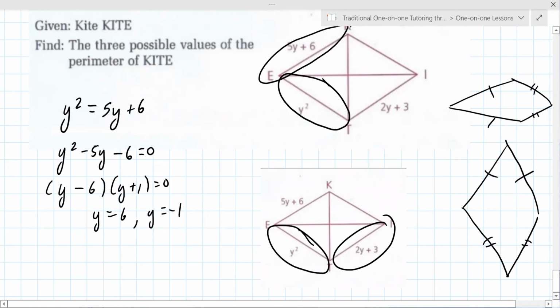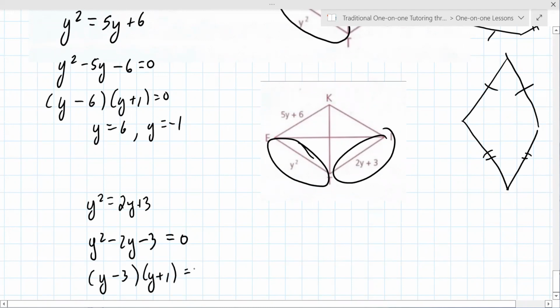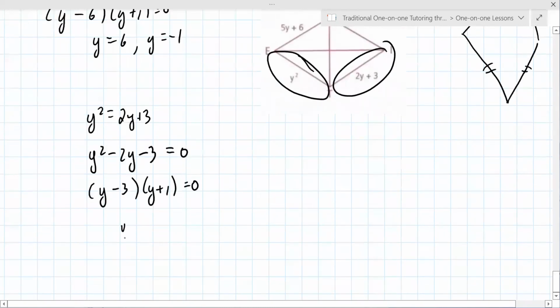And then similarly on the bottom, you get y squared equal to 2y plus 3. So you have y squared minus 2y minus 3 equals 0. Y minus 3, y plus 1, y equals 3, y equals minus 1. So once you get those y values, and you can see there's overlap, your y is either 6, 3, or minus 1.